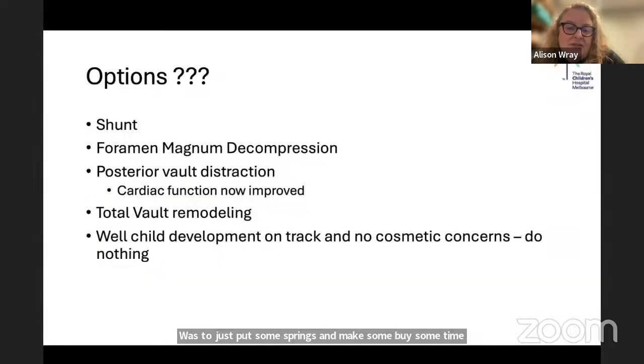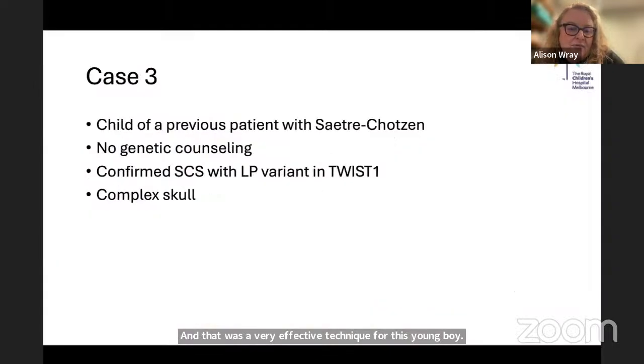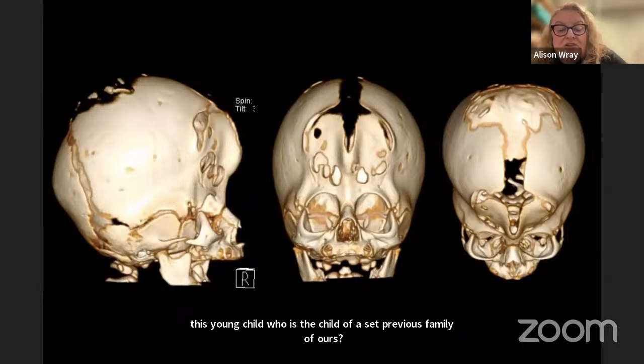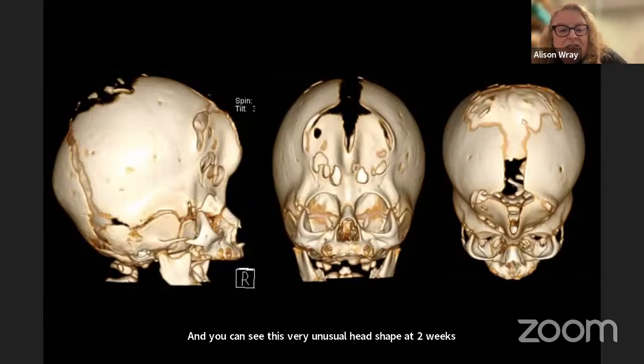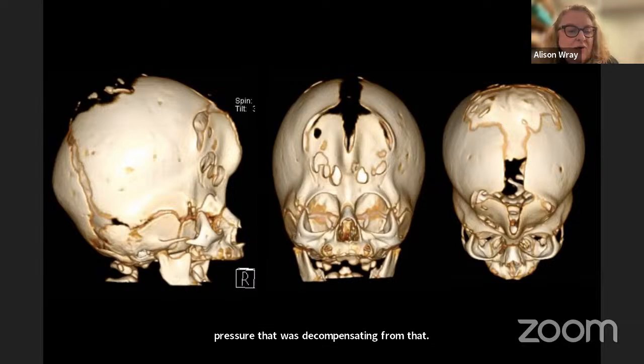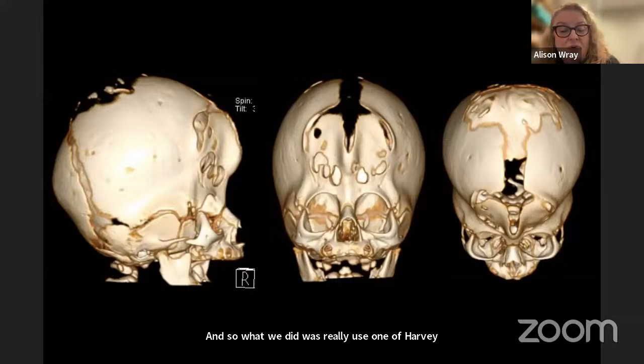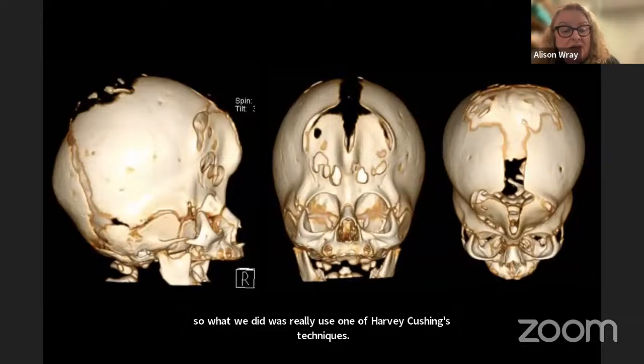Going on to other techniques, this was a young child of a previous Sacher-Chopson family of ours. You can see this very unusual head shape at 2 weeks of age, with a child that had significant raised pressure that was decompensating from that. At 2 weeks of age, no one really wants to undertake a big cranial reconstruction. So we used one of Harvey Cushing's techniques where we took off all of that frontal bone and discarded it.